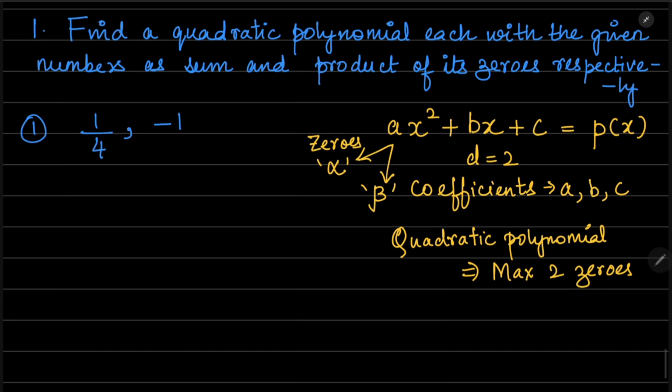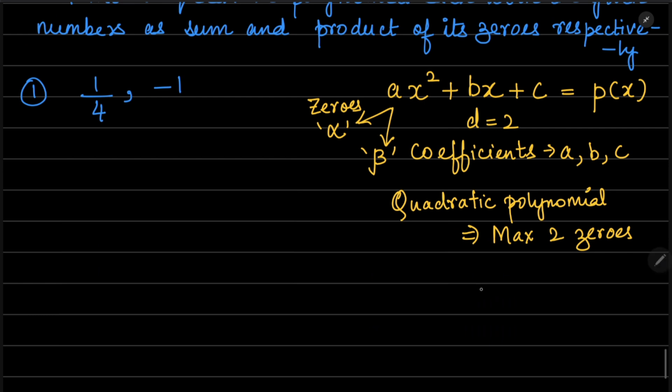Now there is an important formula which you should know. If you are given that alpha and beta are the zeros of a quadratic polynomial p of x, and that p of x is of the form ax square plus bx plus c, then there is a formula that you have to remember. One is the sum of the zeros. Alpha plus beta is equal to the sum of the zeros, and it should be equal to minus b by a.